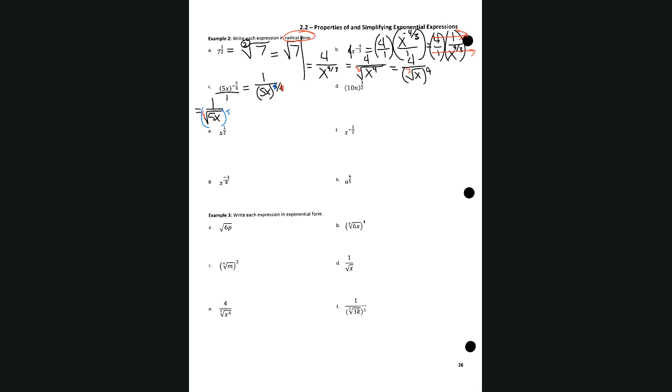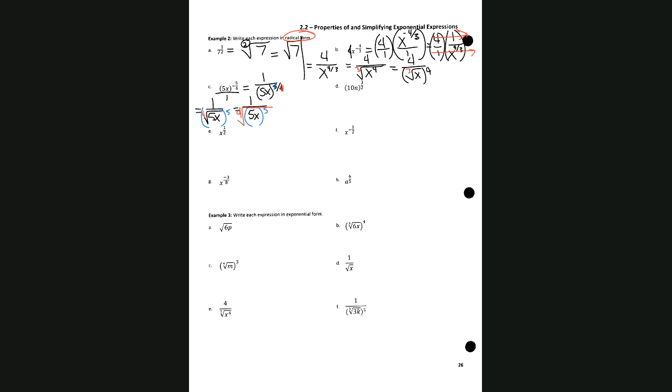The other option is to have 1 over 5x to the power 5, and then after that we take the 4th root, like that. So those two expressions are equivalent again.